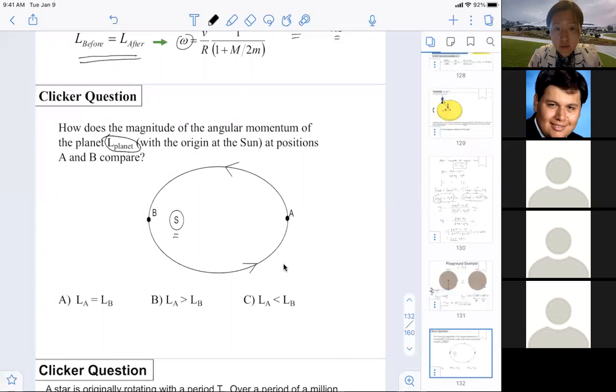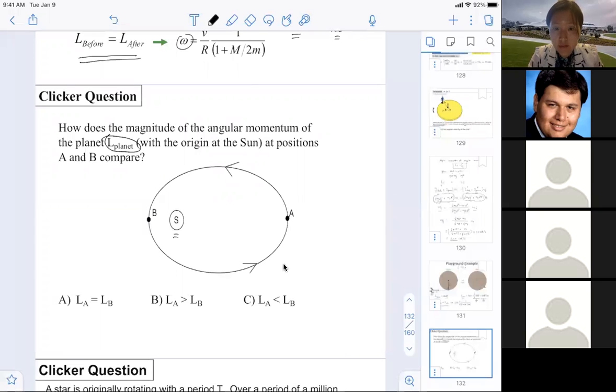So let's think about, here we're talking about when external torque is 0, right? If there's no external torque, then the angular momentum of the system will remain constant. So here, if we view the planet and the sun as our system, there is no external torque.